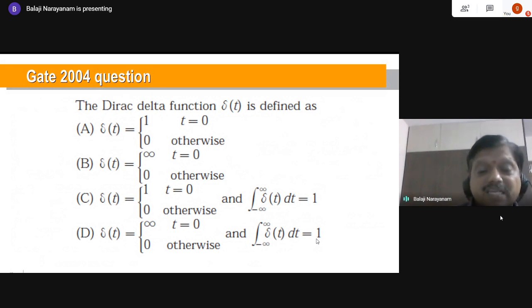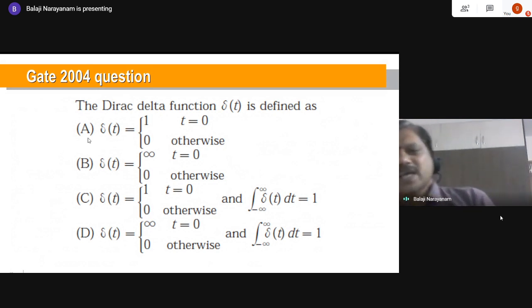We may easily identify that option D is the correct option, as the area under the impulse function is 1, which is given by the special property integral minus infinity to infinity delta of t dt is equal to 1. This condition also should be satisfied. We can easily eliminate A and B, because A and B are not giving the full-fledged conditions.